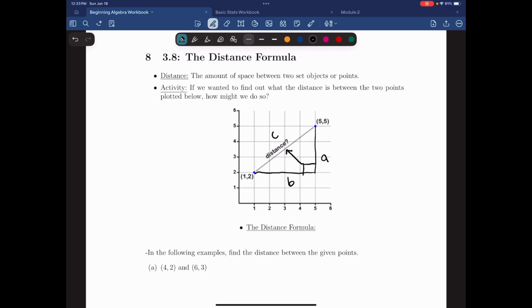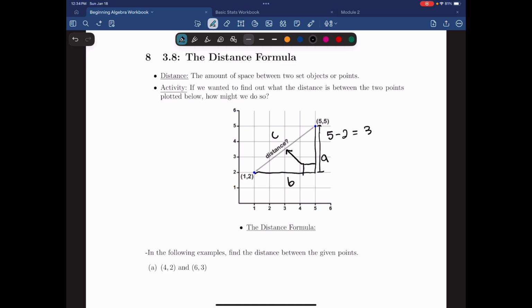So to find side length A right here, how might we find that? Well, because this is the height, we are worried about the difference in our y values. So we're going to take this y value 5 and subtract 2.